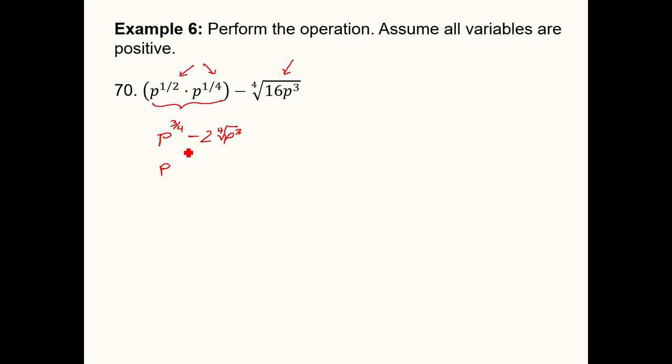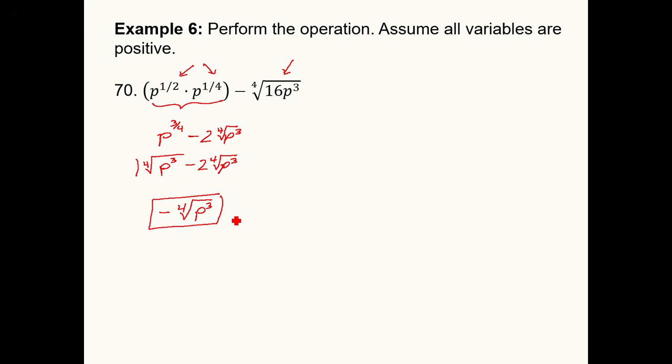So p to the 3/4 is like p cubed under a fourth root minus 2. Hey, and that has a p cubed under a fourth root as well. Those are like radicals. If I have one of those radicals and I take away 2 of the same radical, my final answer is negative fourth root of p to the 3rd.